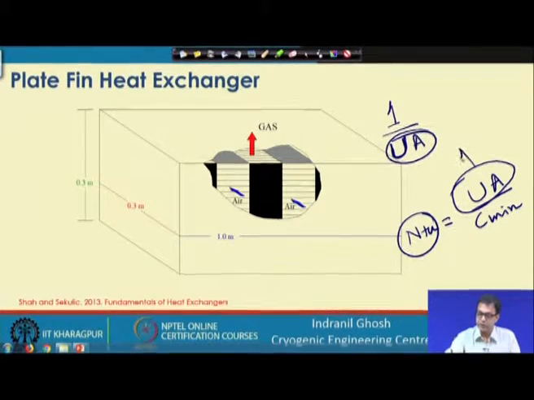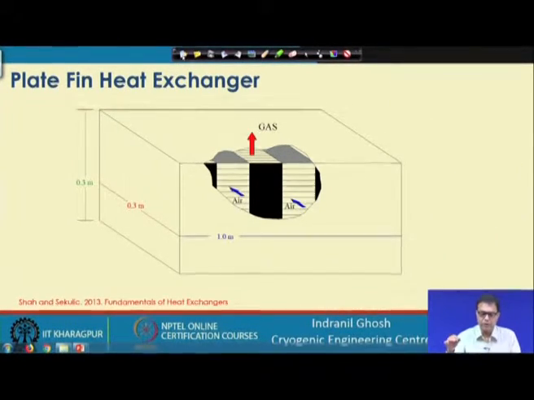For calculating the UA we are trying to evaluate all these numbers N P, and from N P we have to find out the area and so on. So, first of all we have arrived at the total number of layers.